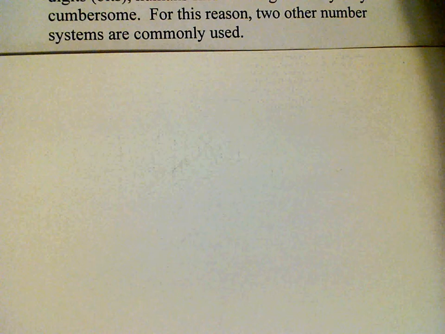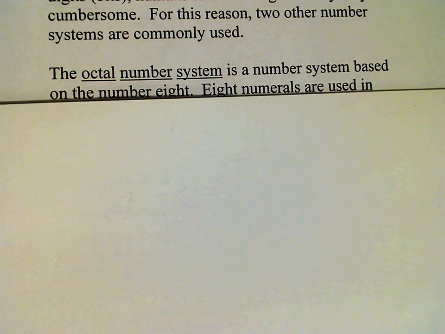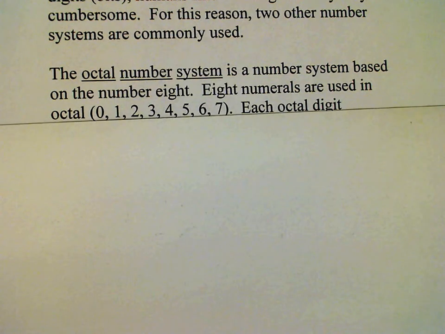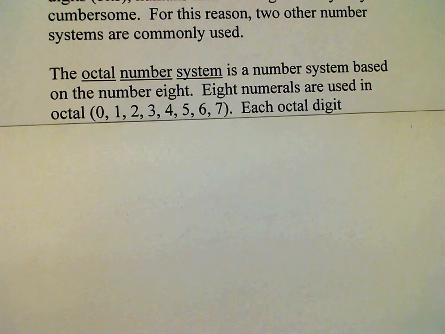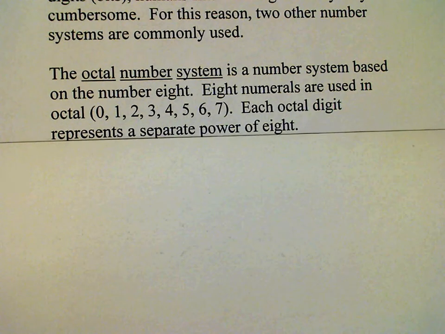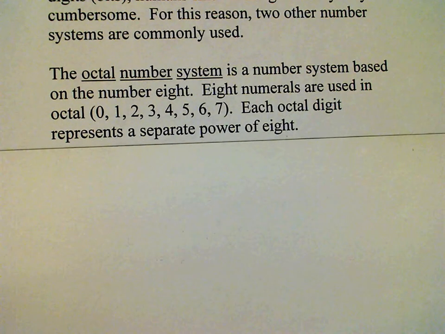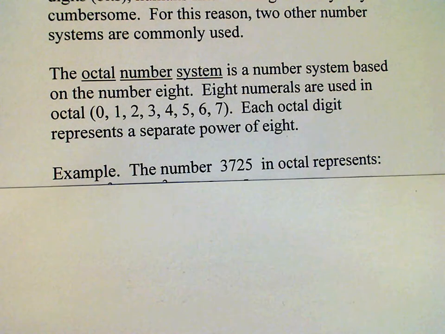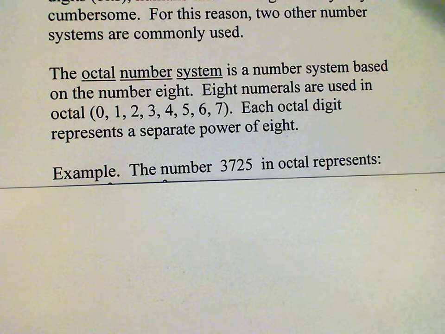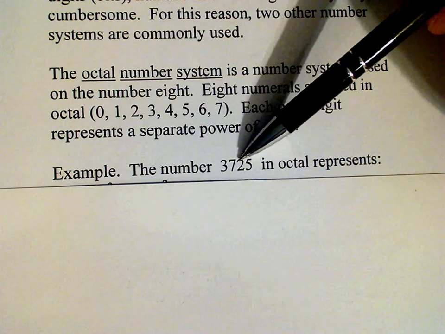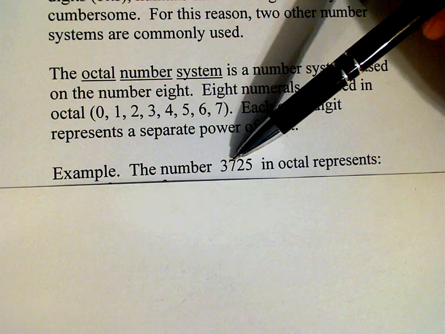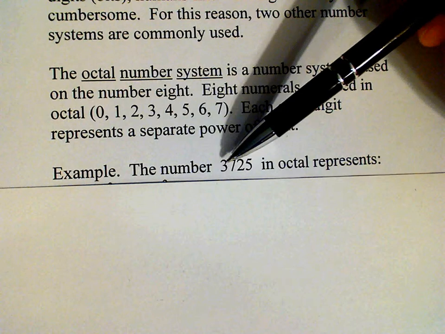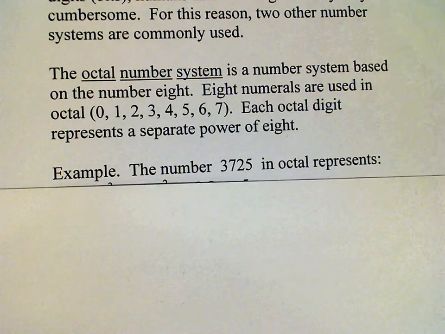octal number system. The octal system is based on the number 8, and therefore we need 8 numerals in octal, 0 through 7, and each octal digit will represent a power of 8. So for example, in this number 3725, the 5 represents units, the 2 represents eighths, the 7 represents 8 times 8 or 64s, and the 3 represents 8 times 8 times 8 or 512ths.